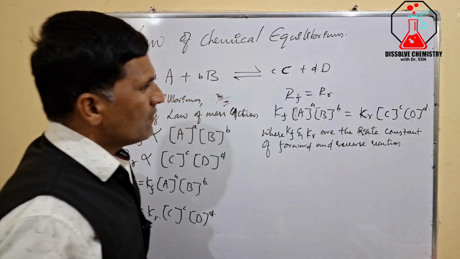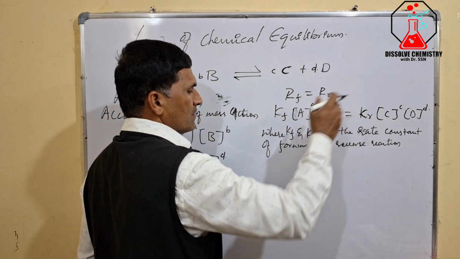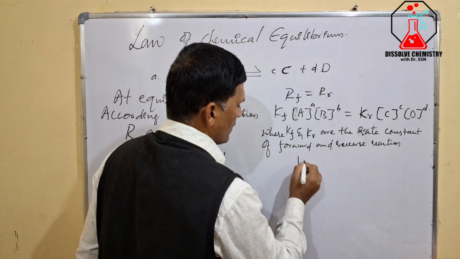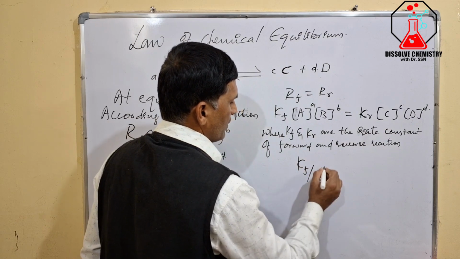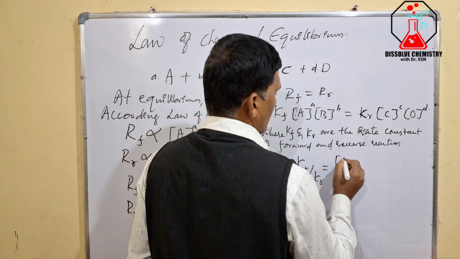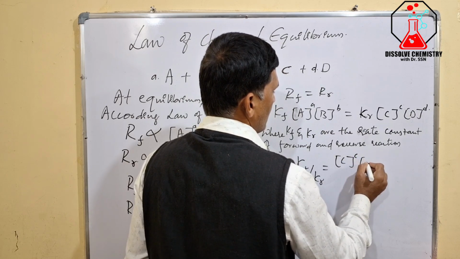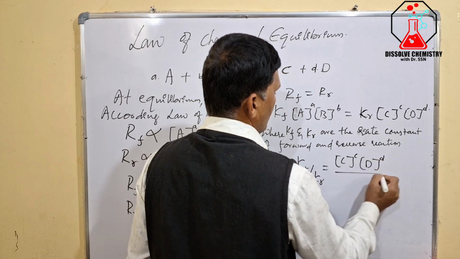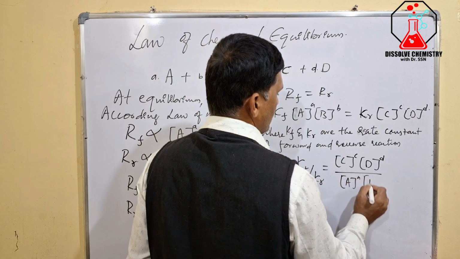Now, if you take the constants on one side and the concentration terms on the other side, we get Kf by Kr at equilibrium is equal to the molar concentration of the products divided by the molar concentration of the reactants.